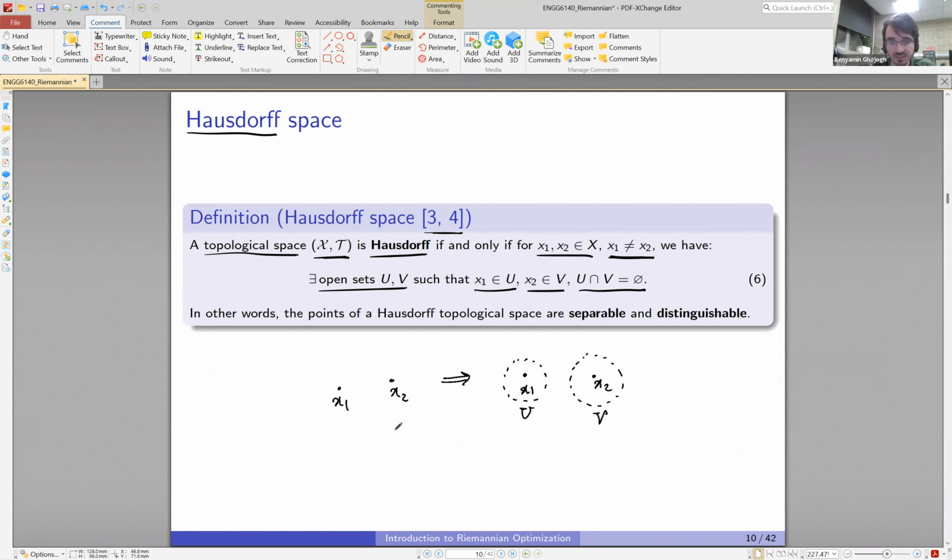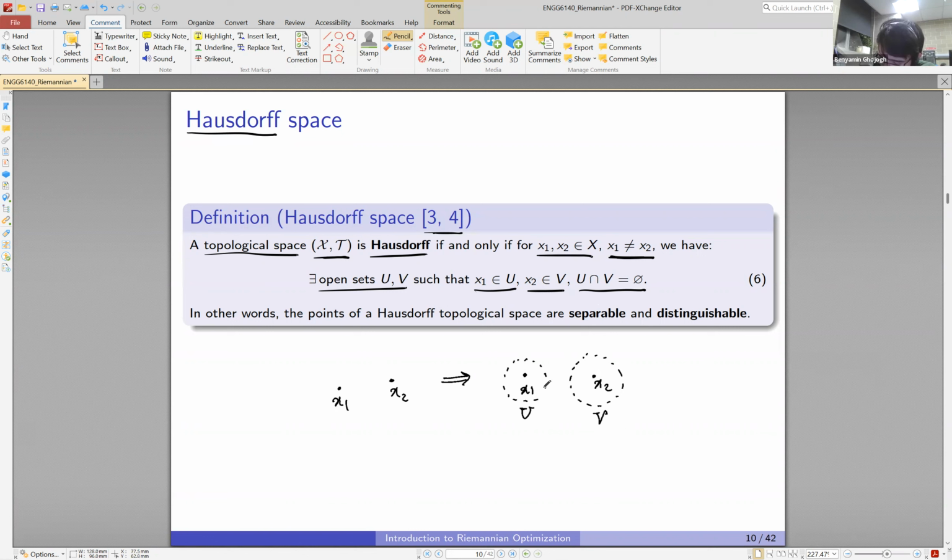In simple words, I have visualized it here. For every two points x1 and x2 in X, you can find two open sets U and V, where U contains x1, V contains x2, and the intersection of U and V is empty. They don't have any intersection.